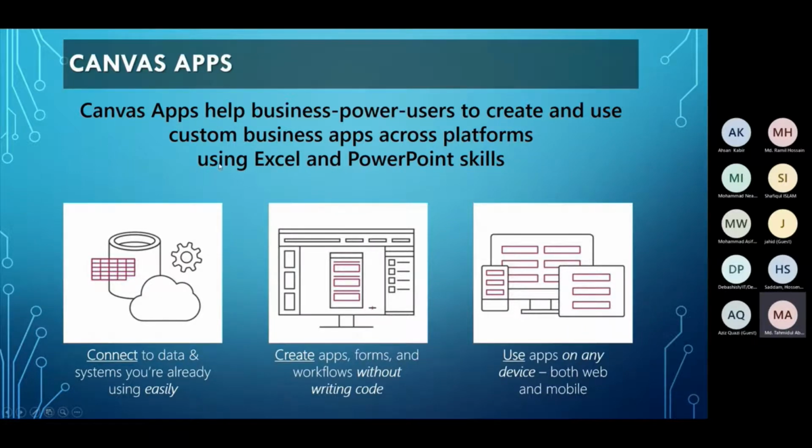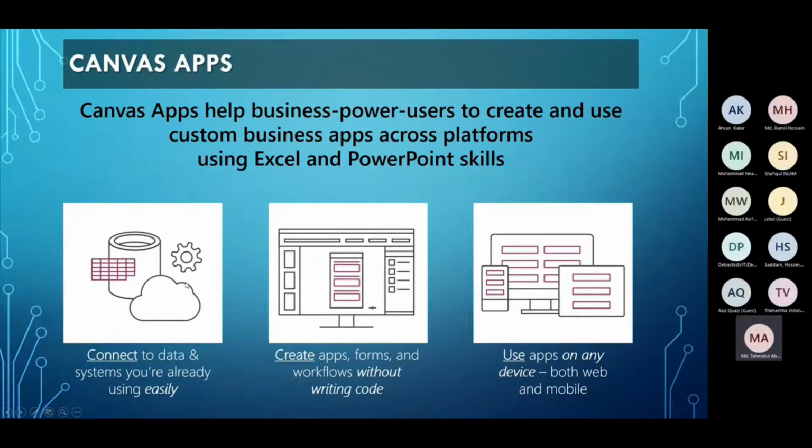So in the Canvas app, we can connect this data with our system. Also, say you want to create a business application for your office, and you don't have data connectivity, a server. You don't need that. You just want to save the data in Excel.